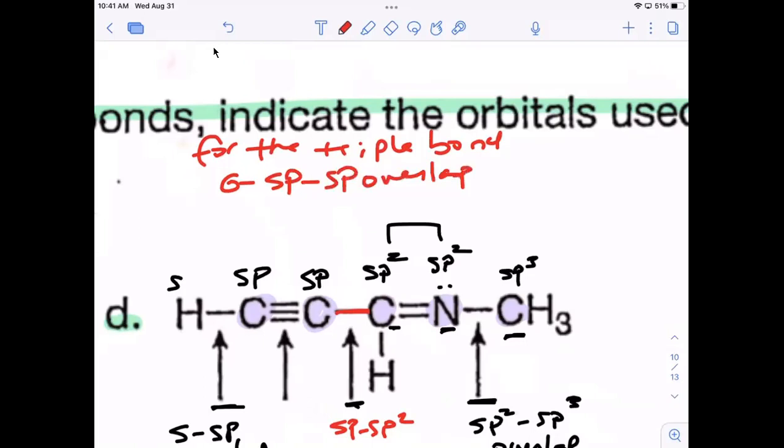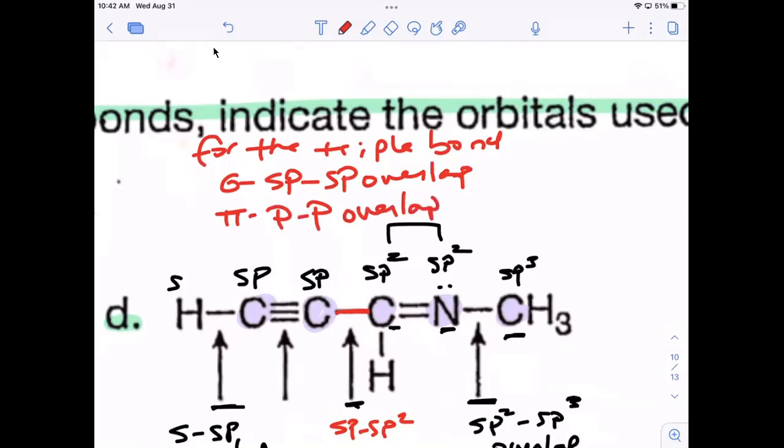And then what about both pi bonds? Doesn't matter. They're both going to be the result of the same thing. You've got 2 pi bonds, and pi bonds are always the result of the overlap of unhybridized p orbitals. So for the pi bonds in that triple bond, it's going to be p, p overlap.